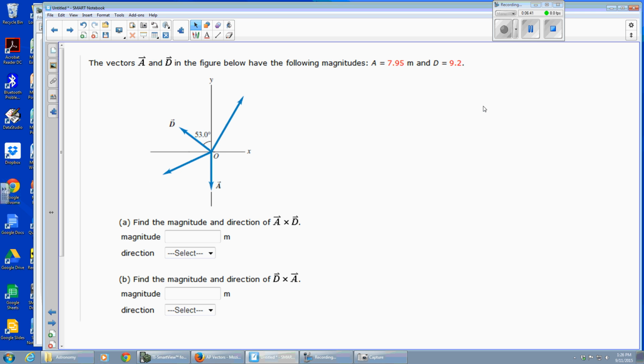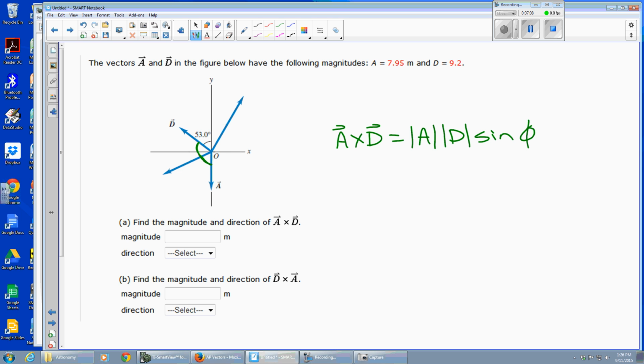So the magnitude of A cross D is the absolute value of A, absolute value of D, sine of the angle between them. The angle between these two is this one in here.